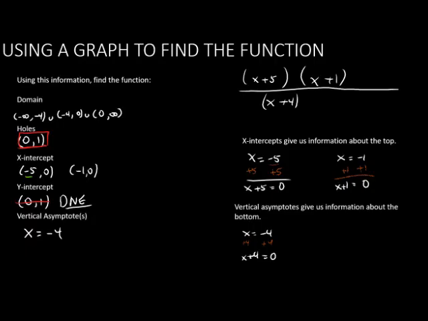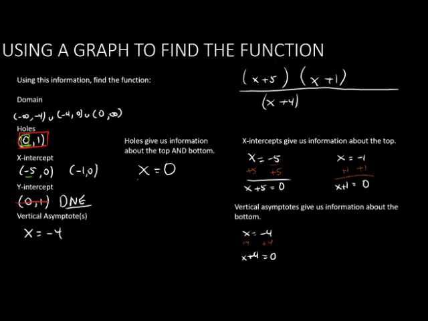Now the holes will give us information about the top and the bottom. Whatever answer we get from doing the same process with the holes will go on the top and the bottom. Therefore, we'll begin with our x-coordinate from the hole. Make sure you only use the x-coordinate, that's 0. So we'll begin with x equals 0. Now, since this already equals 0, there's nothing else we have to do here.